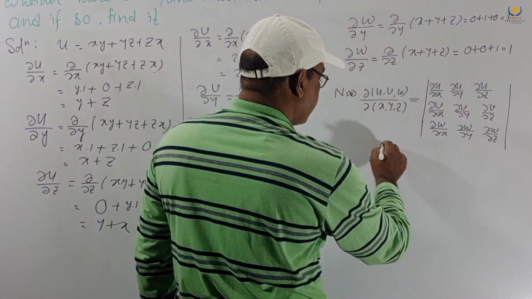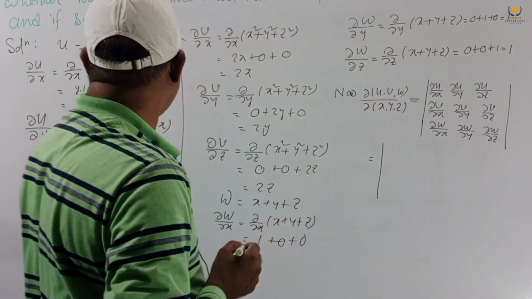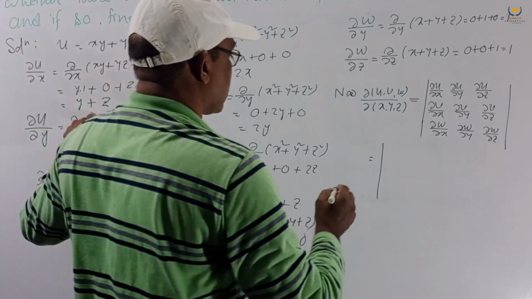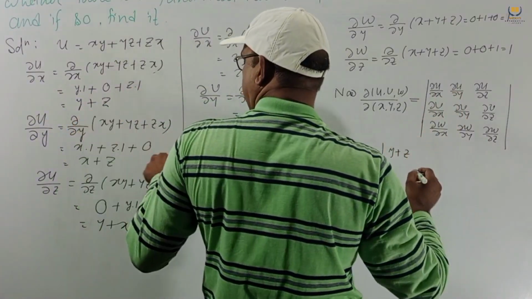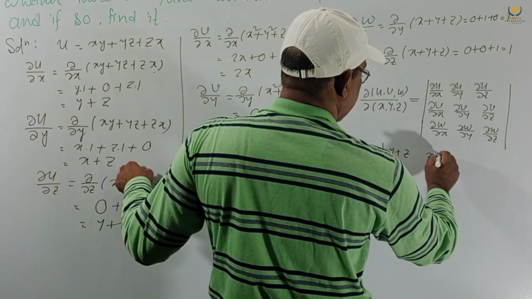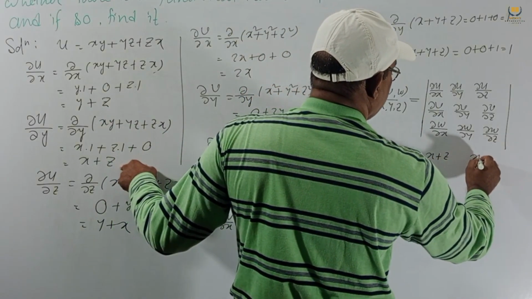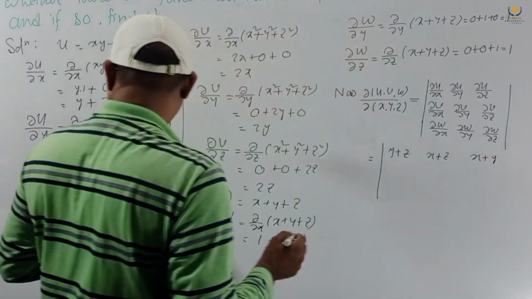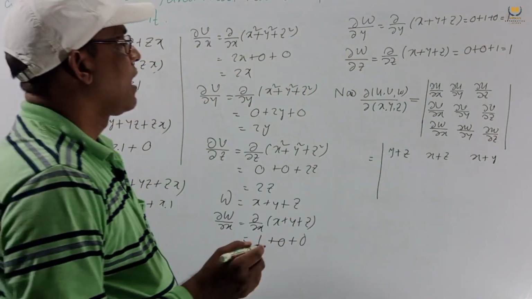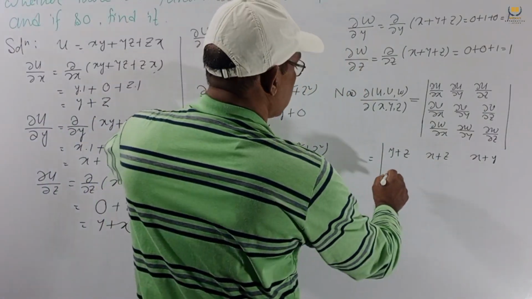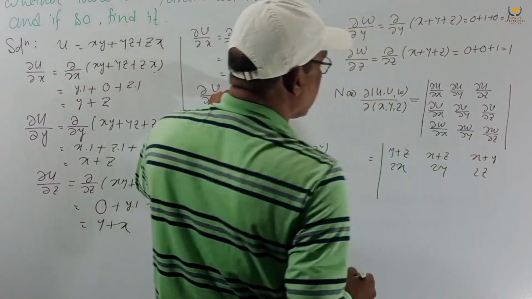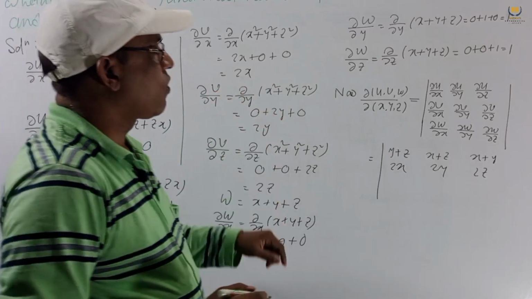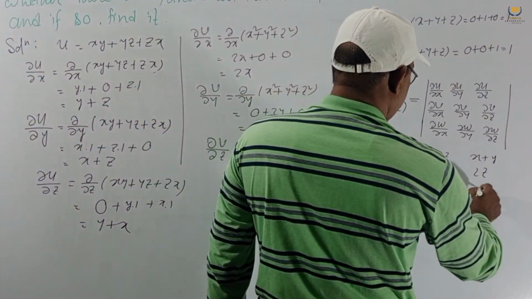Now putting the values: del u del x is y plus z, del u del y is x plus z, and del u del z is x plus y. Del v del x is twice x, then twice y, then 2z, and the last row is 1 1 1.